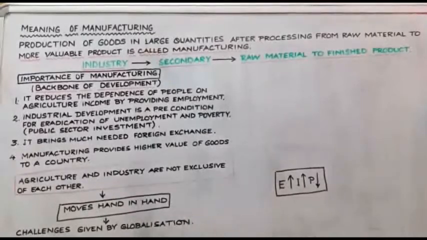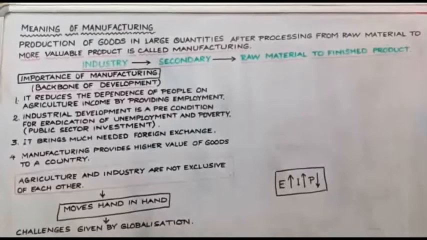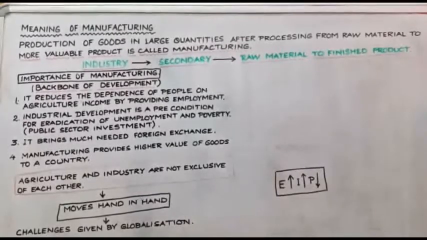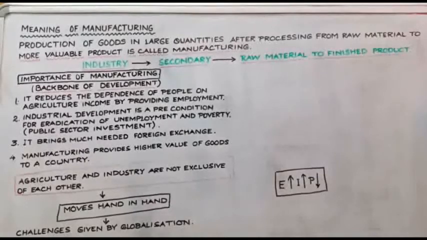That will help you understand the second point. E is employment. When employment increases, I, income, also increases, and as income increases, P, which is poverty, automatically decreases. So industrial development is a precondition for eradication of unemployment and poverty.